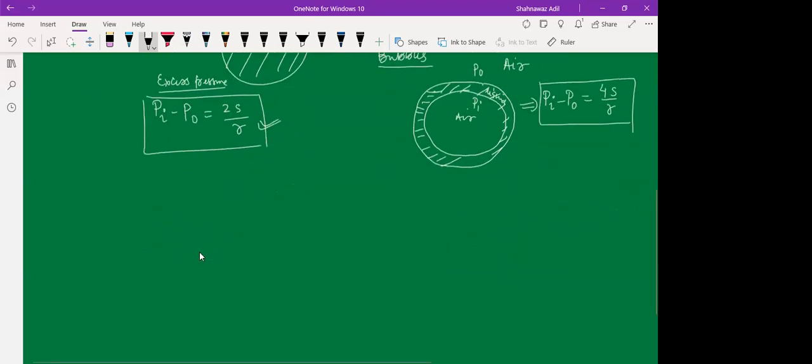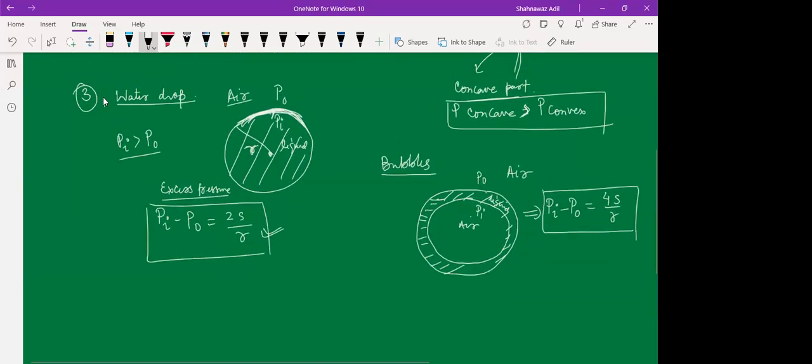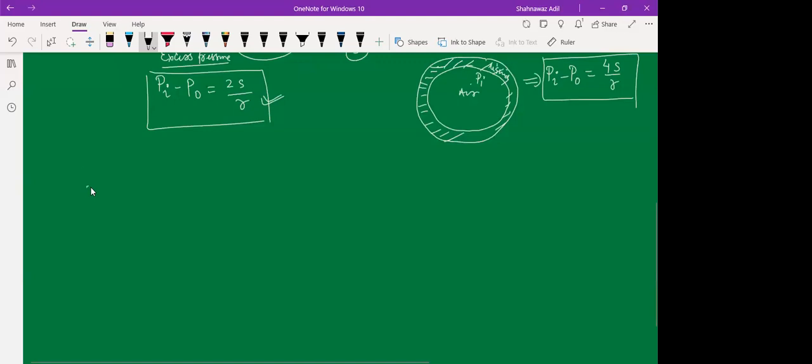So let's say this is one case, this is the second case, and the third case is that I put a bubble in the water. You guys have seen those Pepsi and carbonated drinks, with bubbles popping out inside the Coca-Cola or whatever drinks you have.